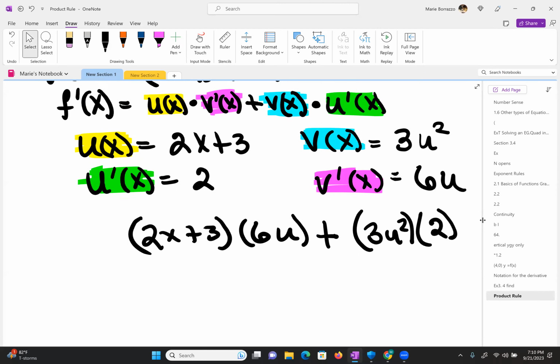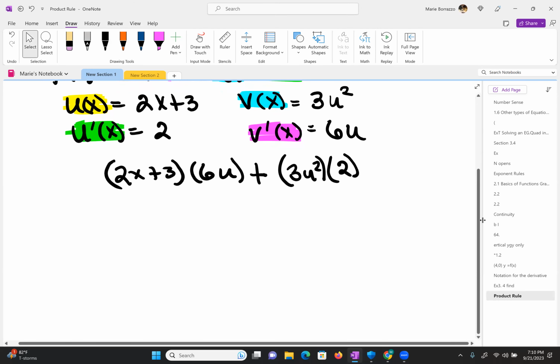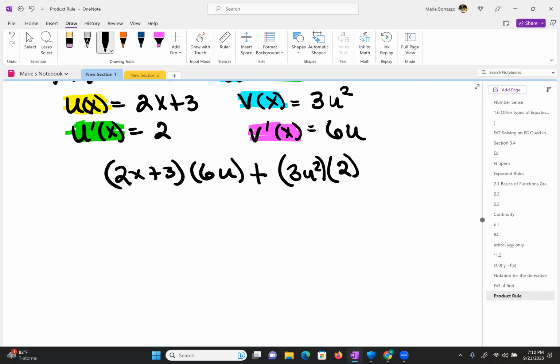As far as the substitution, it should be fairly easy. I wrote u's, and that was my mistake. I should stick to just v's. Sorry about that. These should just be x's. So if this is an x and this is an x, it won't be so confusing.